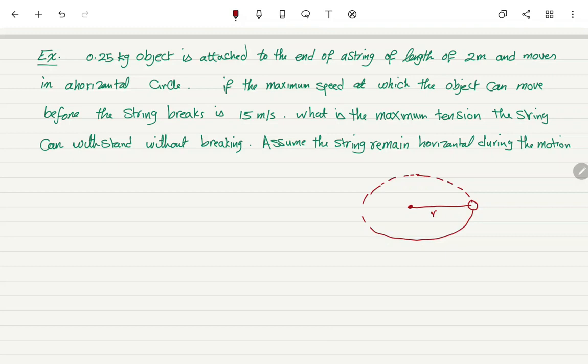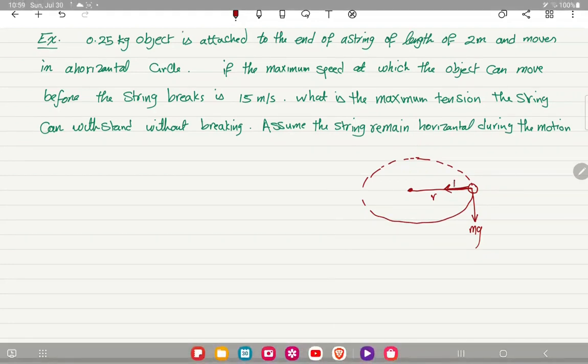We need to find the maximum tension the string can withstand before breaking if the maximum speed is equal to 15 meters per second. Now let's identify the forces on this object. We have actually two forces. One is the weight, directed downward, and the other is the tension going to the center of the circle.